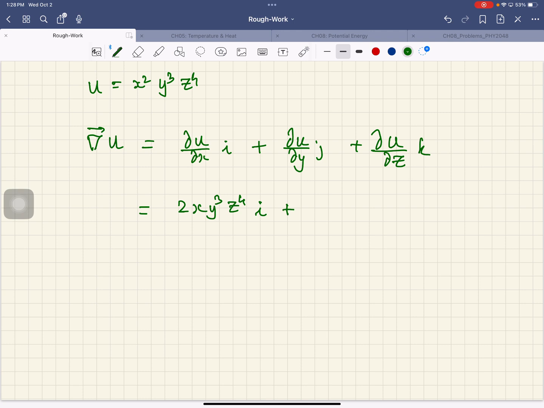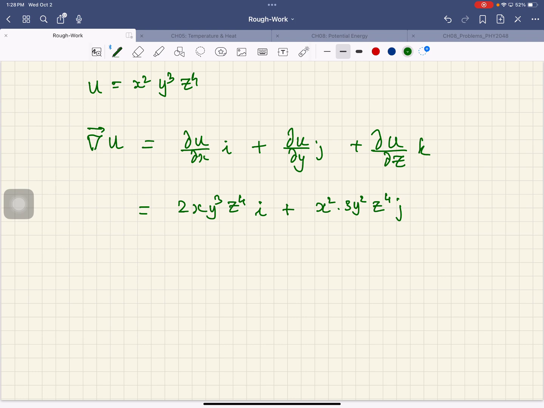What is del u by del y? It's x squared times 3y squared. Whatever you're taking the derivative with respect to, that's the only thing that is changing.